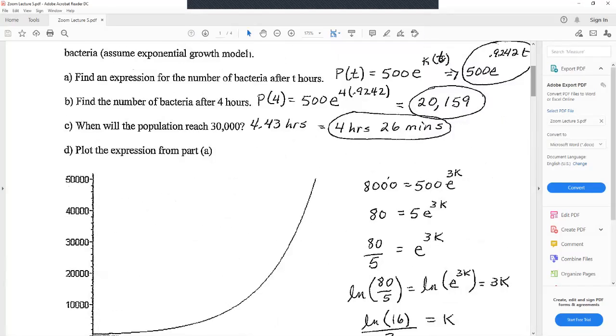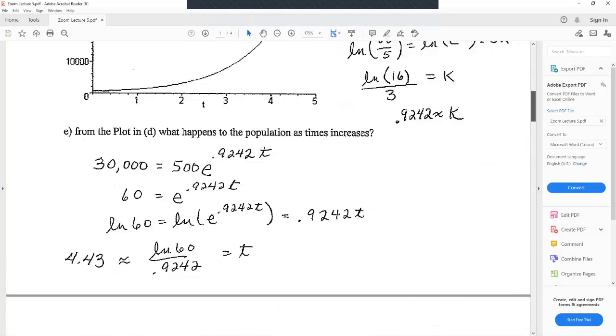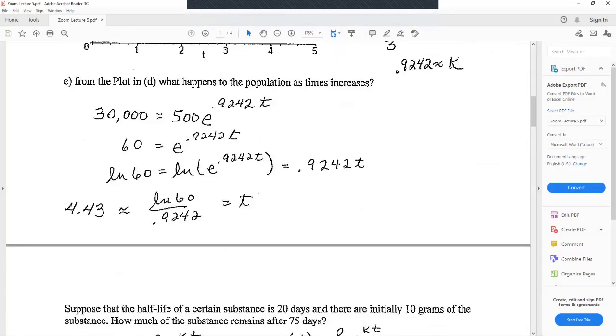Let's see. When will the population reach 30,000? If you want to know how long it takes for the population to reach 30,000, what do we do? Let's think about that. What does the formula actually say?